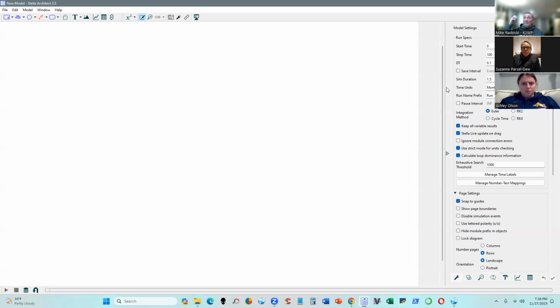You can buy hexagon shaped Post-it notes. After you get a problem statement on the board, and you're trying to find out what variables you want to graph to make a reference mode, you get them to write one important variable related to the problem statement on a Post-it note and stick it on the board.